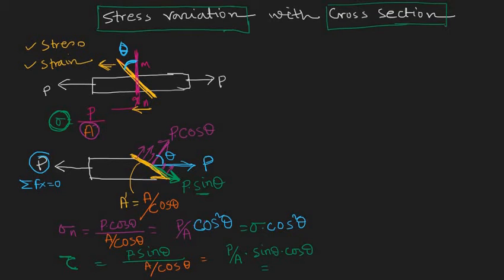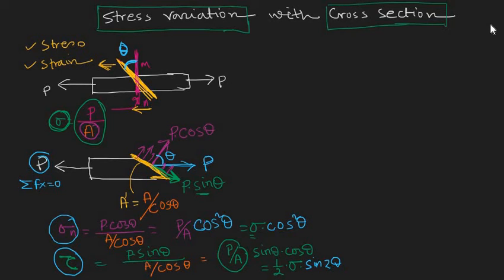Or you can rewrite it as half times P by A, that is sigma, the stress in the normal plane, times sine theta cos theta, and sine theta cos theta has been converted into half times sine 2 theta. So now you have got the equations of normal stress as well as shear stress in this oblique plane.